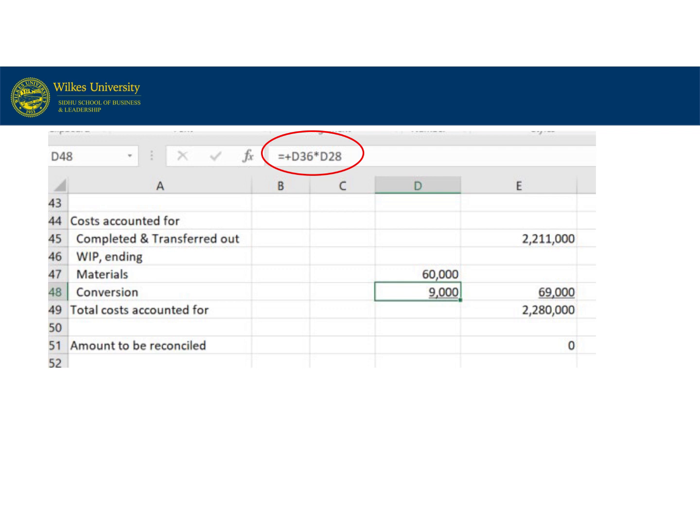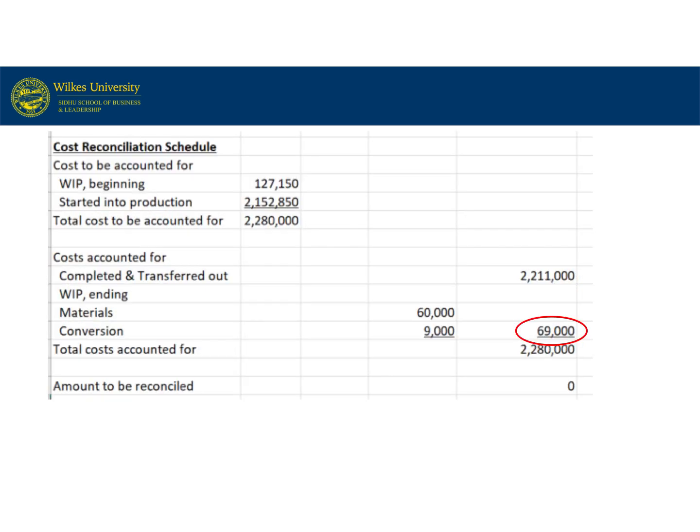That's the 90 cents per unit. Remember, we use the ending inventory equivalent units because we are computing the work in process of conversion costs in ending inventory. When you add up the materials in work in process ending inventory and the conversion costs in work in process ending inventory, you have an ending inventory for work in process costing $69,000.